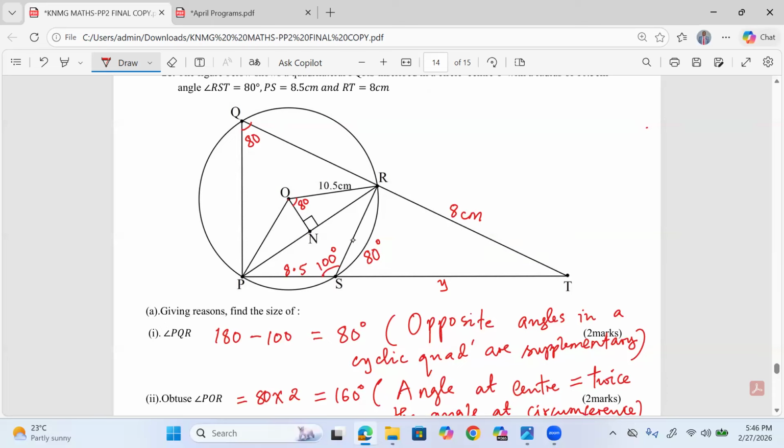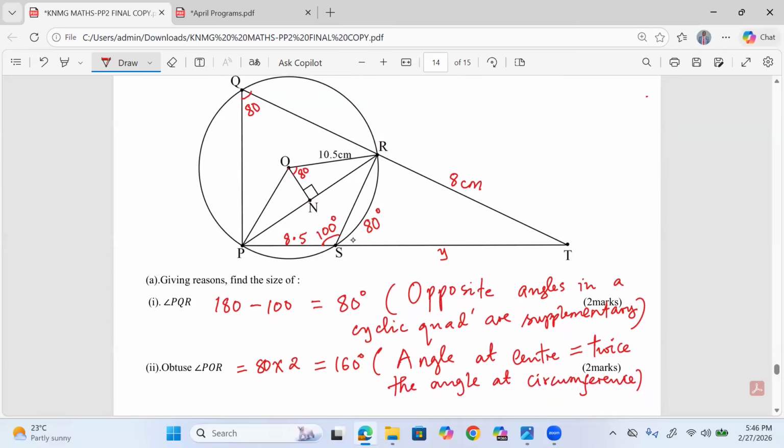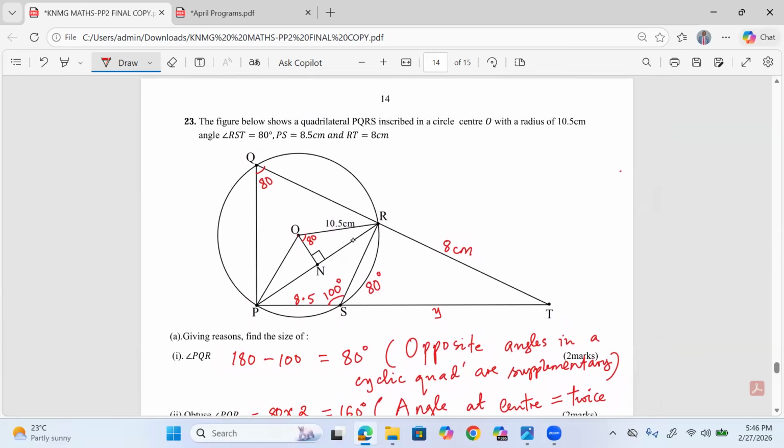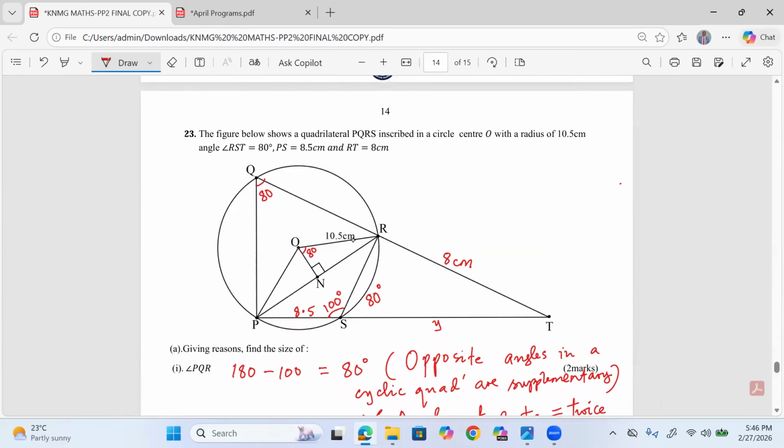For us to find the length PR, there are already lengths that we have. We already have 10.5 and 8 there. This is 10.